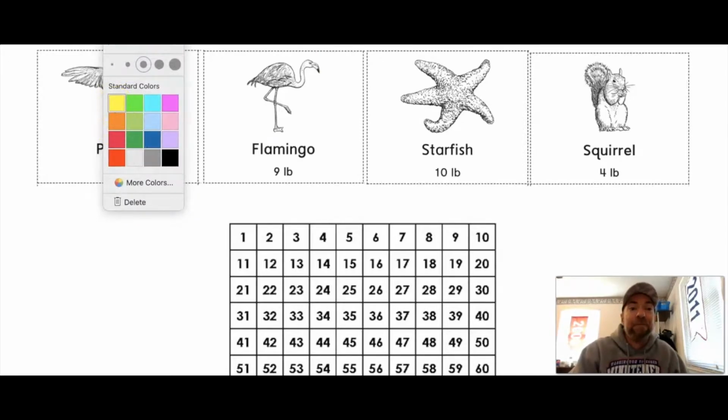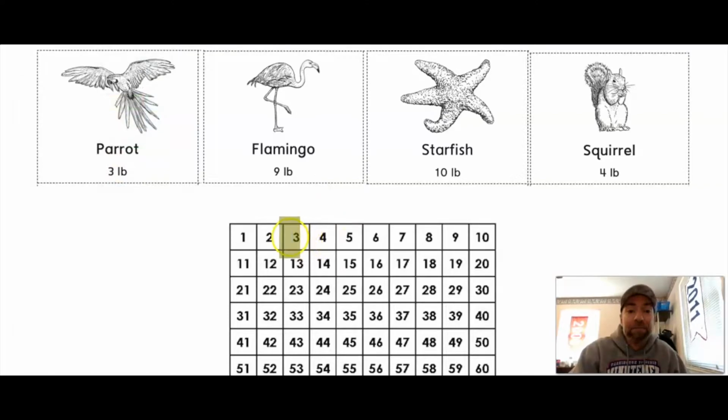So we have the 3 for the parrot, the 9 for the flamingo, the 10 for the starfish, and the 4 for the squirrel. And when I look at all of those numbers that I circled, the number that is furthest along from 0 is the number 10.